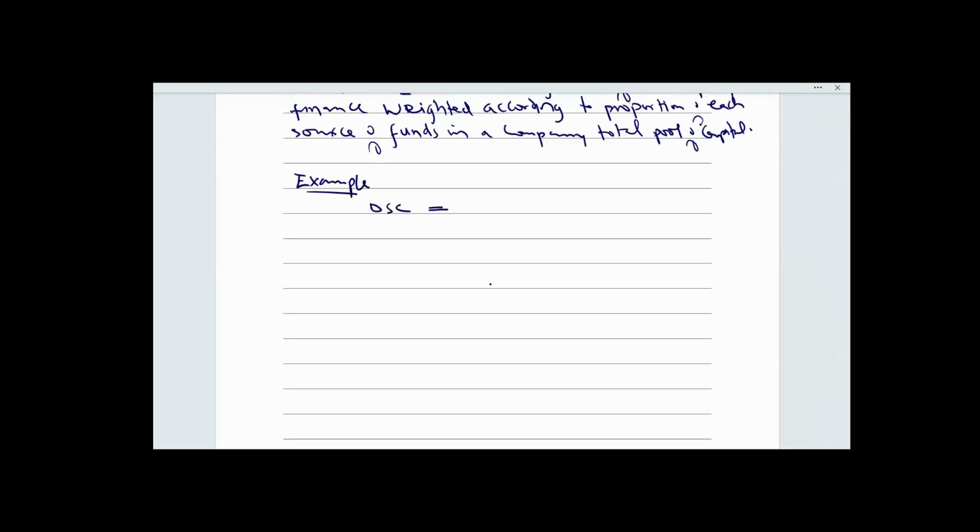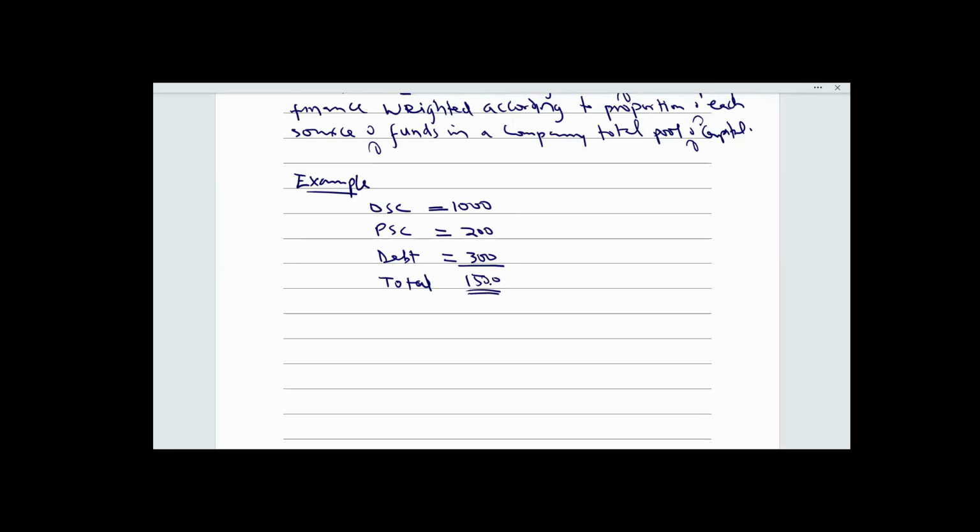Let's say you have ordinary share capital of 1,000 naira for simplicity. You have preference share capital of, say, 200. Then you also have debt capital, say, 300. When you add all of this together, you have 1,500. That's the total pool of capital. All right? That's the total pool of capital in the company's capital structure.